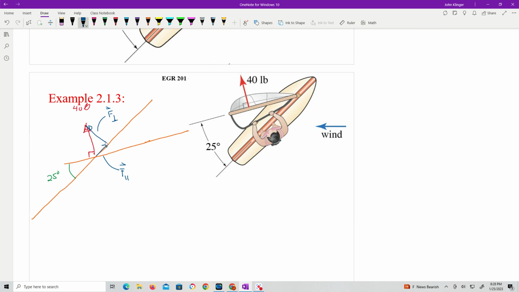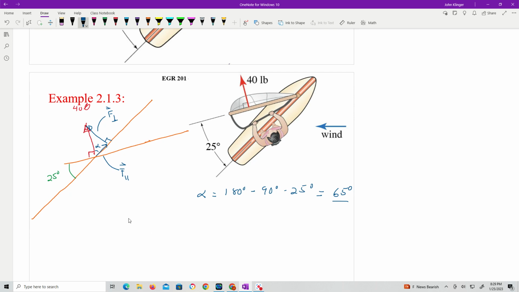I know this too is 90. I don't know that angle, but I can find it, and we'll call that alpha. Alpha is equal to 180 degrees minus 90 degrees minus 25 degrees, and that gives me an angle of 65 degrees. Okay? So now I have that triangle.